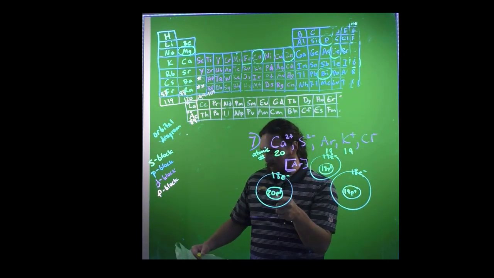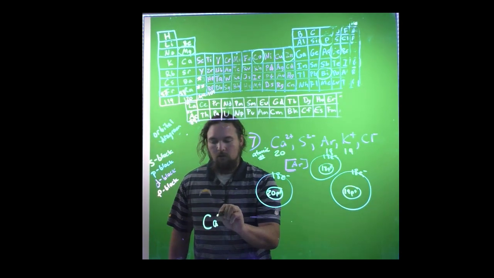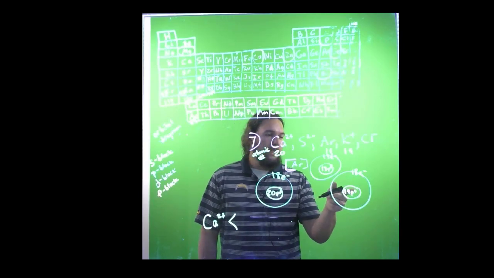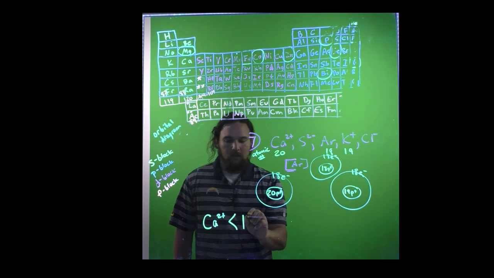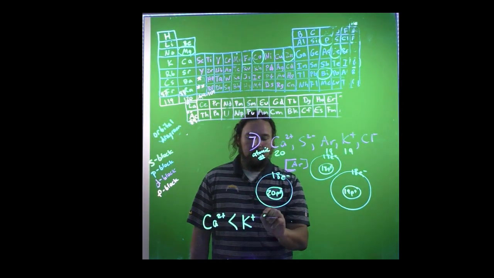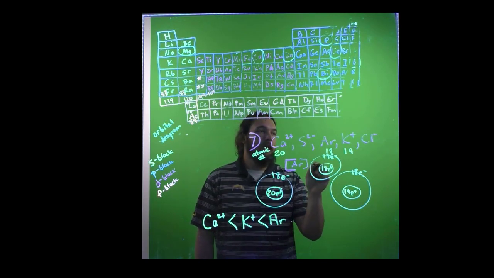So we should see that calcium would be the smallest in atomic radius. Since potassium has 19 protons pulling in 18 electrons, it would be the second smallest. Argon has 18 protons pulling in 18 electrons. That would be next.